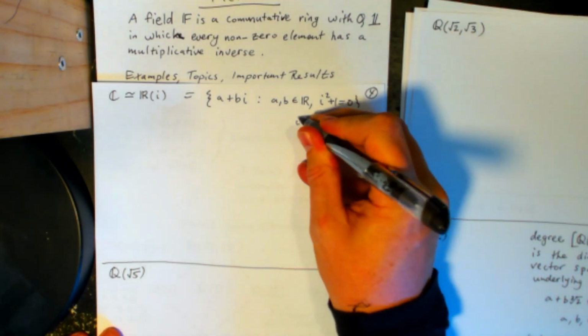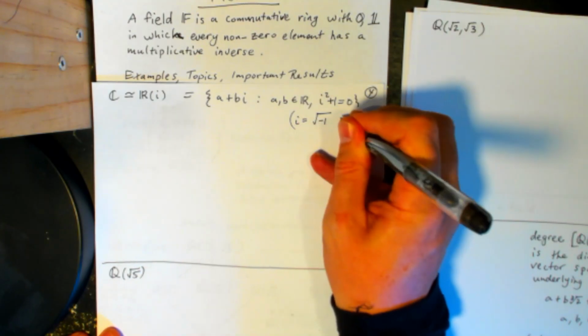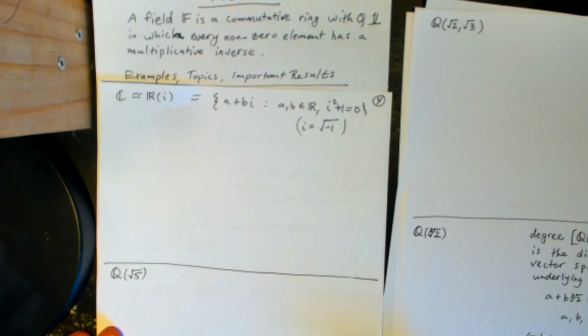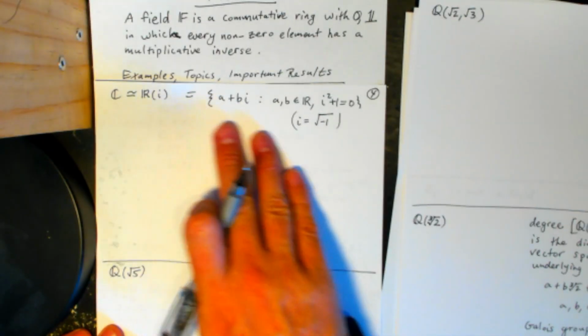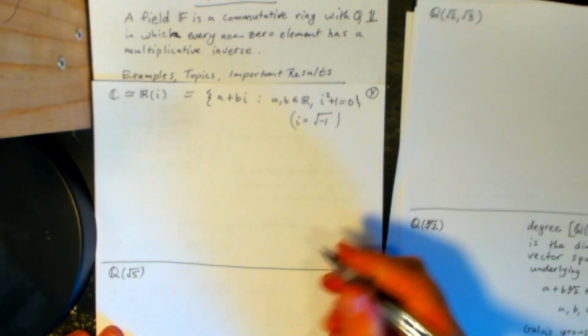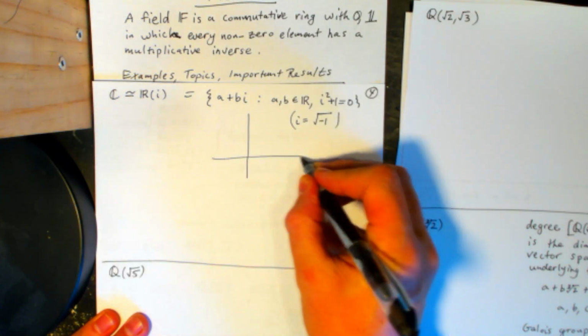In other words, i is equal to the square root of minus 1. Okay, so this forms a field, and when you have A and B, you can represent them geometrically, right? So I'll just give you an example.